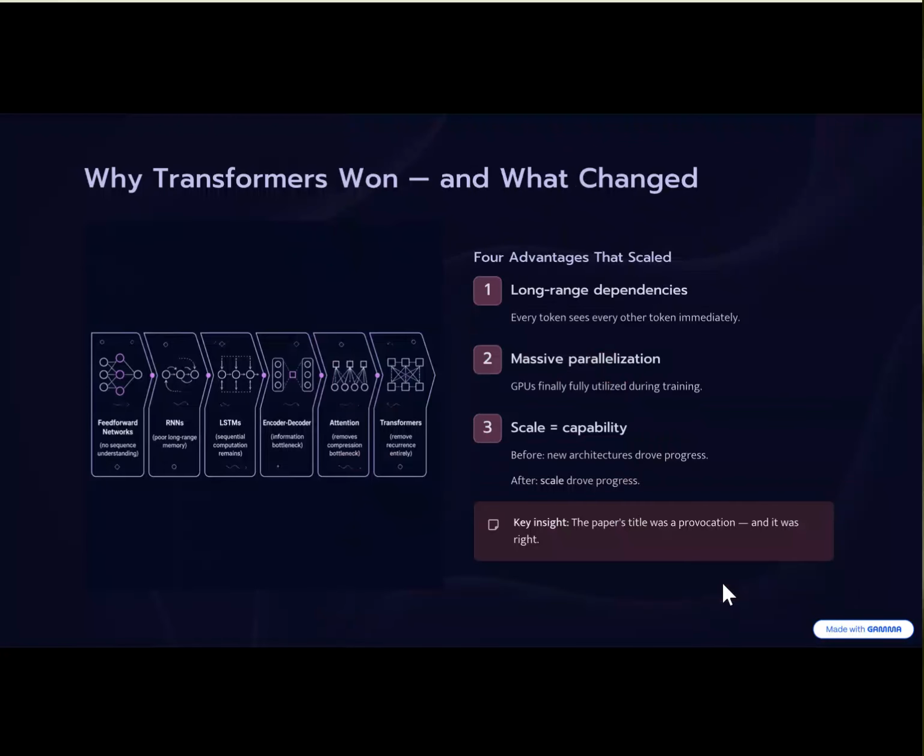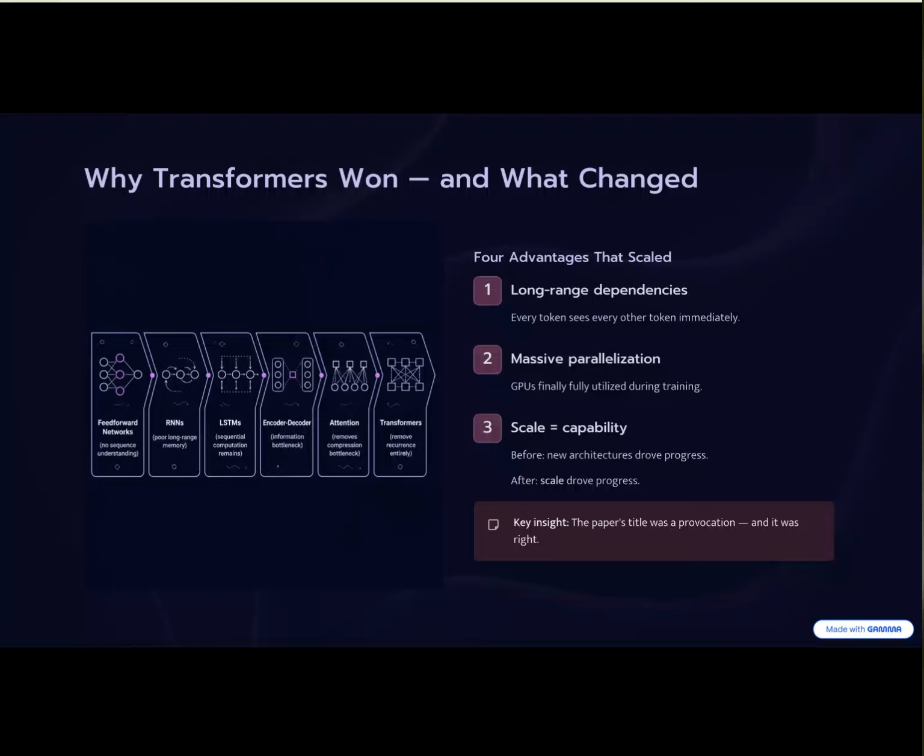Why transformers won and what changed? Transformers provided several advantages. Long-range dependencies became easy to model, and training became massively parallel and not sequential. GPUs could finally be utilized efficiently. Performance improved as models became larger.